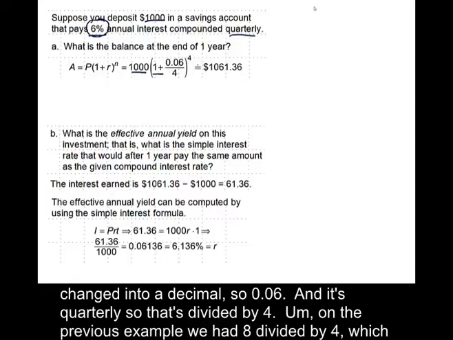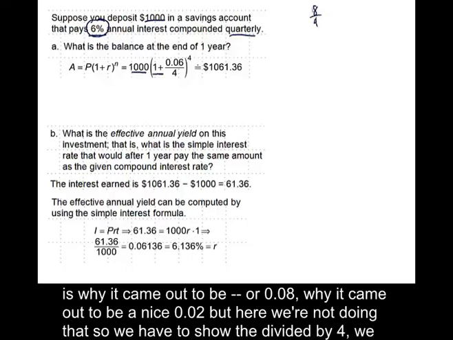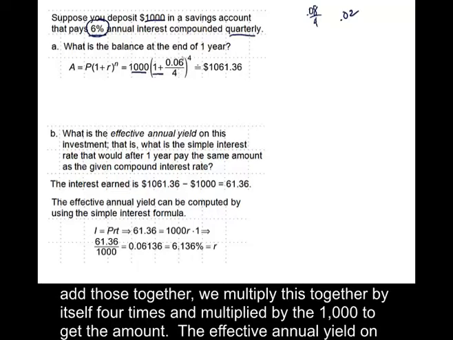In the previous example, we had 0.08 divided by 4, which is why it came out to be a nice 0.02, but here we're not doing that, so we have to show the divide by 4. We add those together, multiply this by itself 4 times, and then multiply by the 1,000 to get the amount.